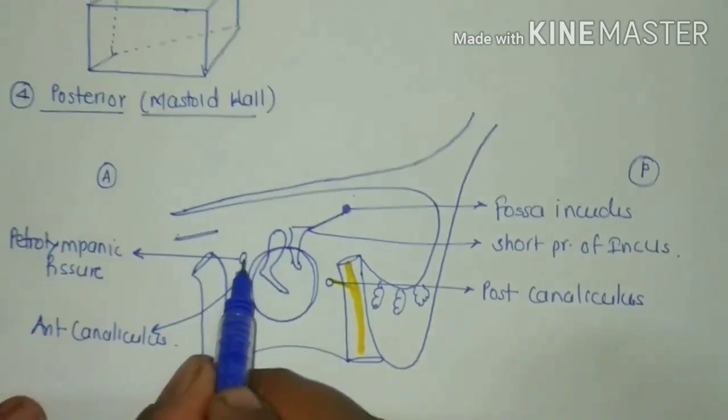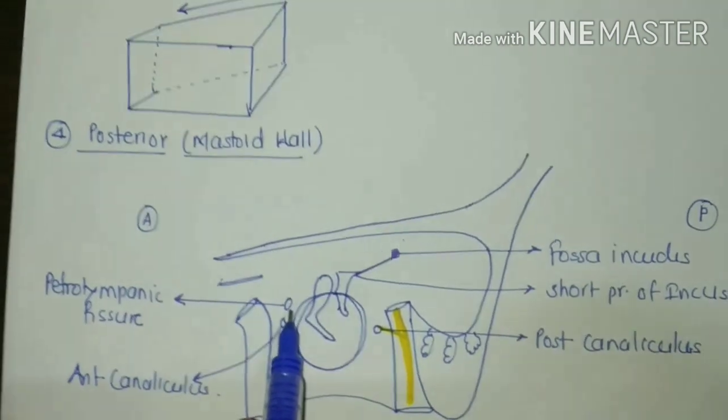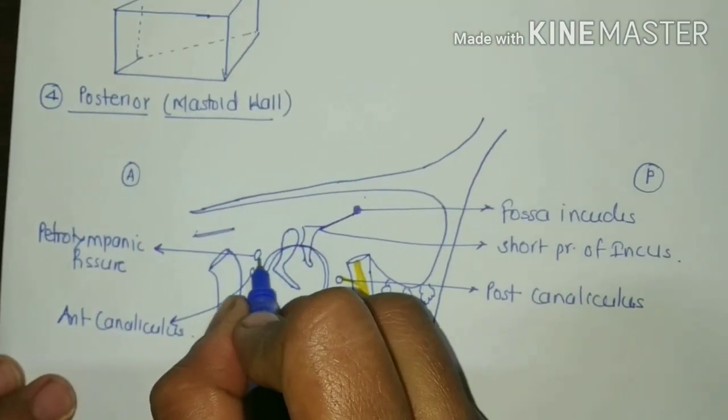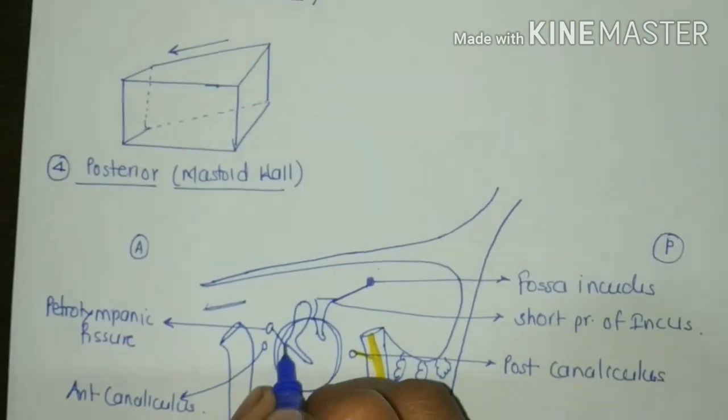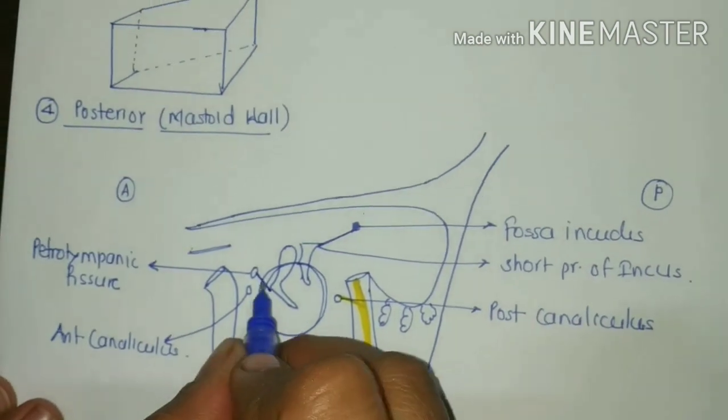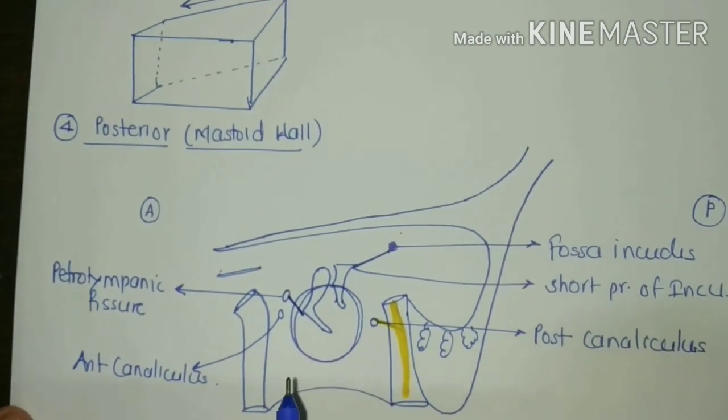Now the petrotympanic fissure lodges the anterior process and ligament of the malleus, and it transmits the tympanic branch of the maxillary artery. Clear?